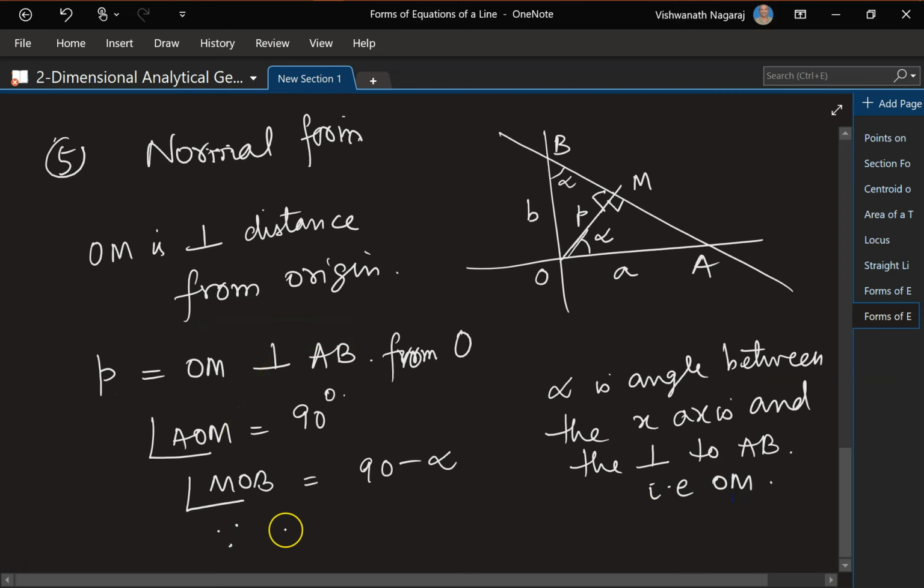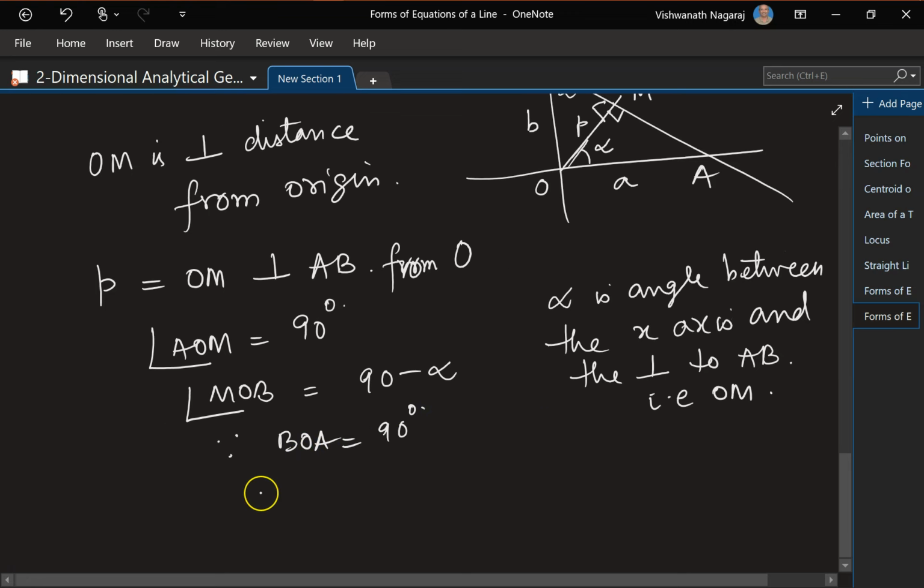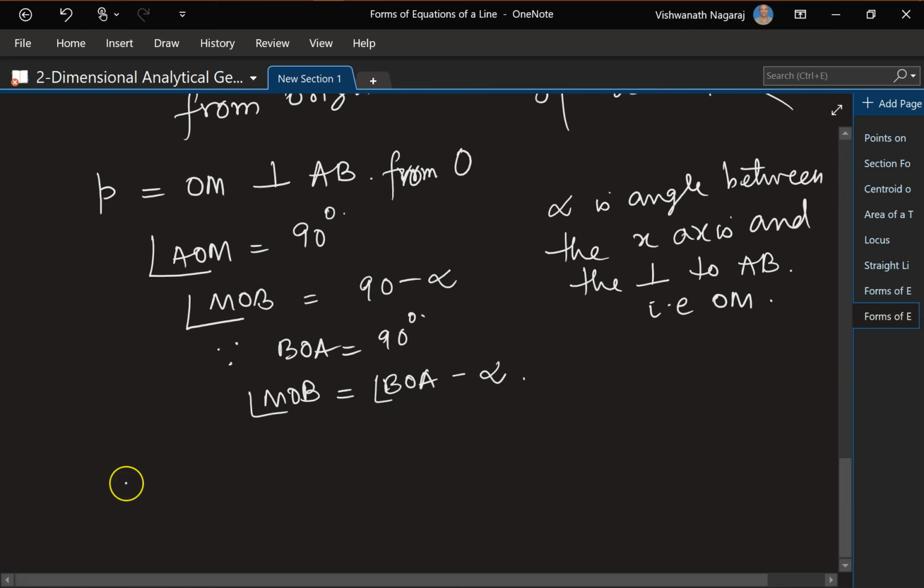Since BOA is equal to 90 degrees, MOB is equal to BOA minus alpha. Now let's look at triangle MBO.